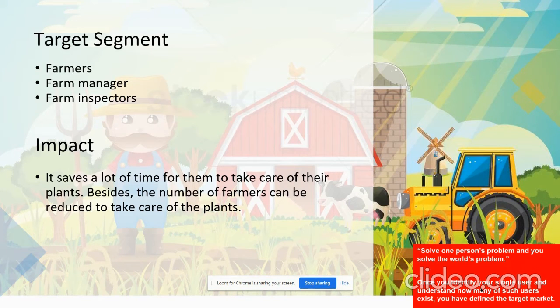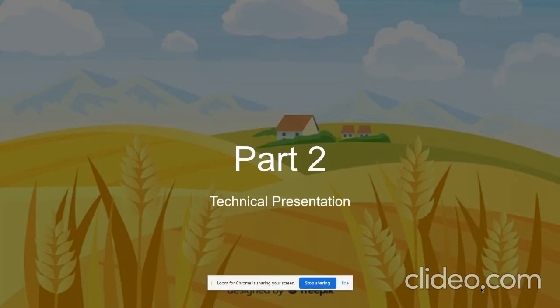This would also reduce the cost of the farm as well as increase the profit margin of the farm and boost the crops' quality and quantity.